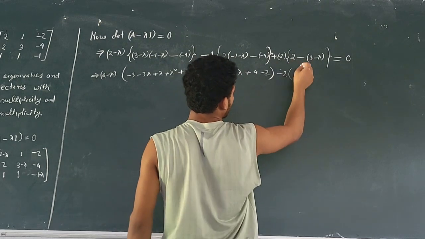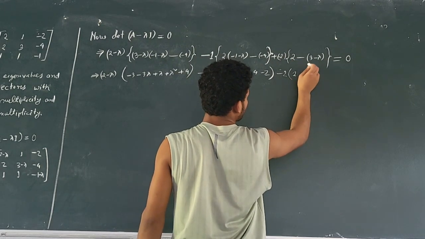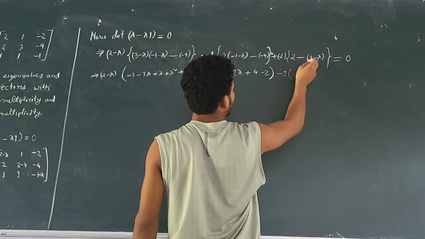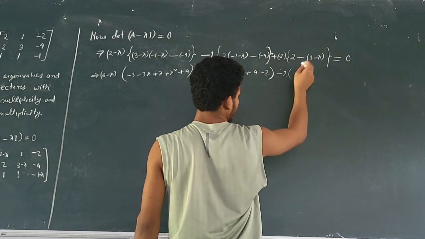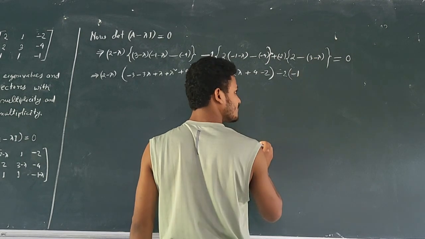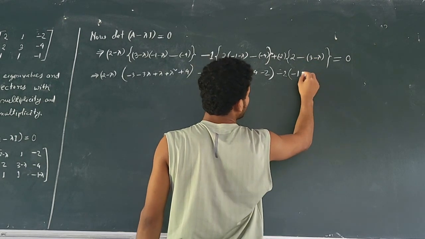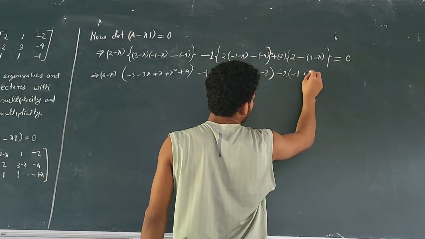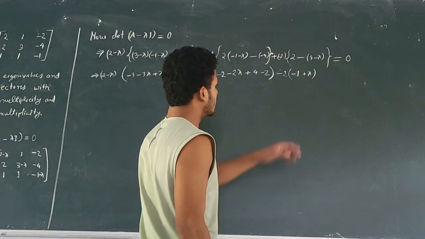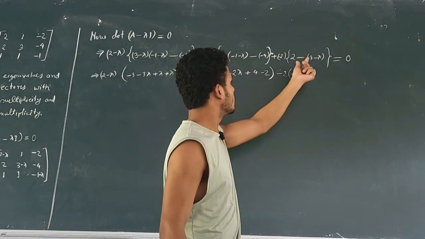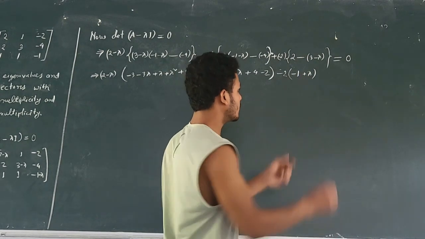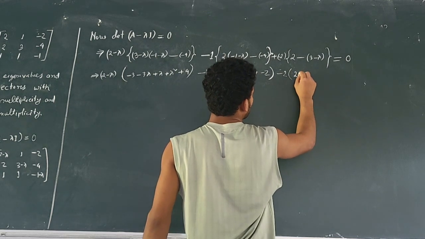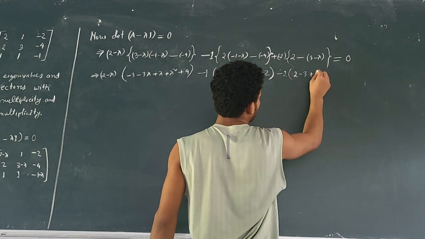Bracket 2 minus 3, and 2 minus 3 minus 1, plus lambda. It will be 2 and then minus 3 plus lambda.